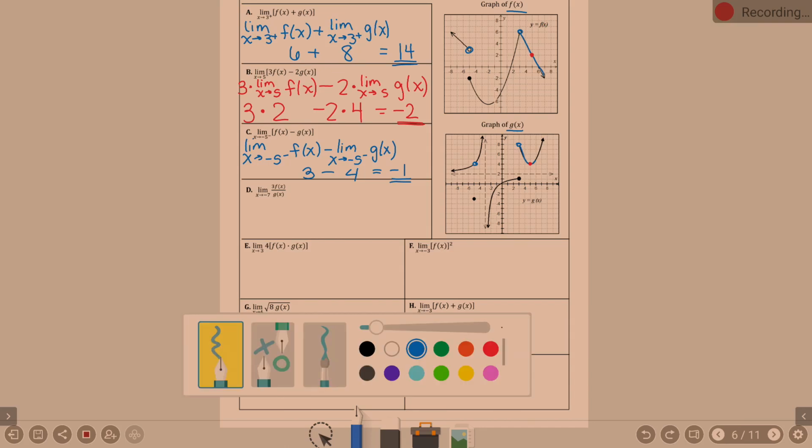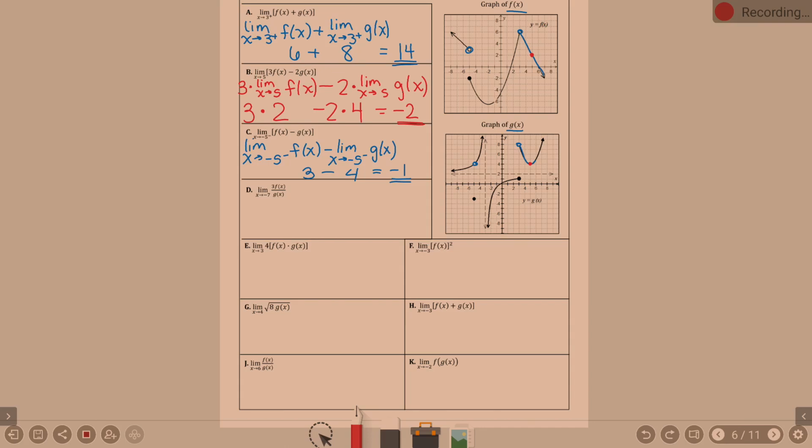D, we have a division going on here. You've seen how we've been breaking up addition and subtraction. Division can break up the same way. That 3 out front can go out in front of the limit. So we're going to have a limit of f divided by a limit of g, but on top it's going to be 3 times that.